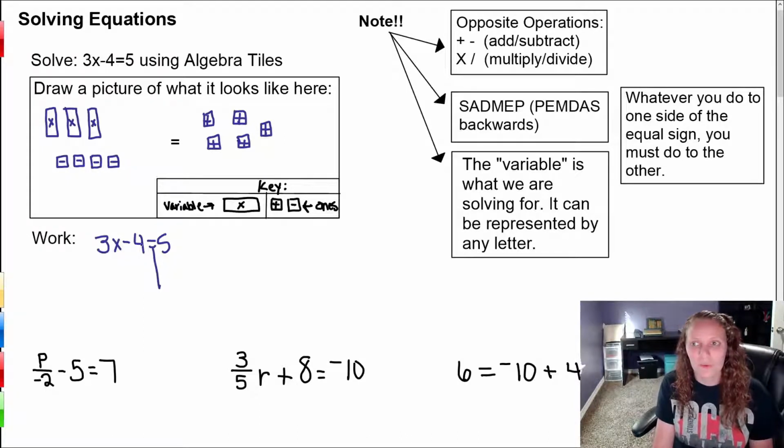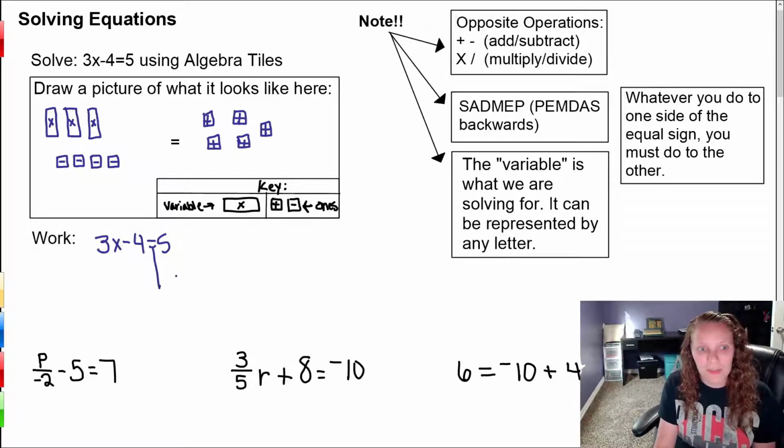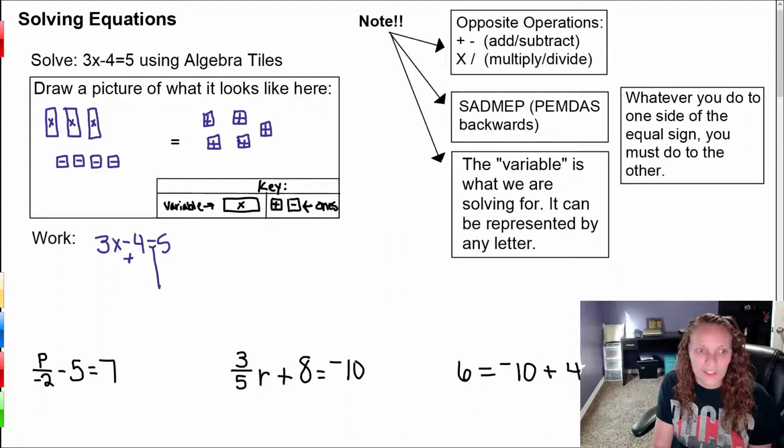That helps me know whatever we do to one side, we must do to the other. So our goal is to get x by itself. And I see a minus 4, so we are going to add 4 to both sides. Negative 4 plus 4, that cancels out to 0. 5 plus 4 is 9.